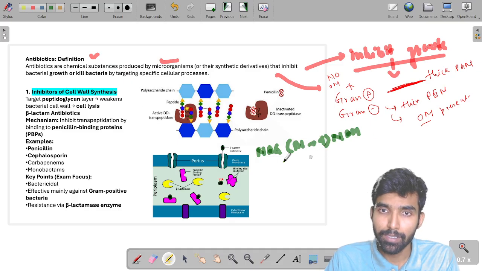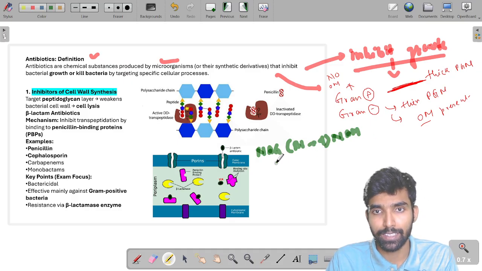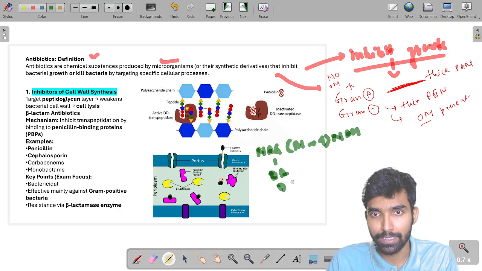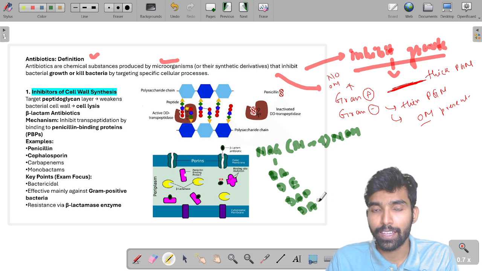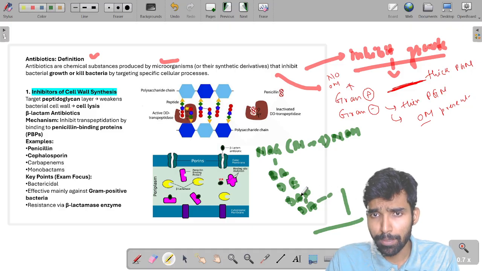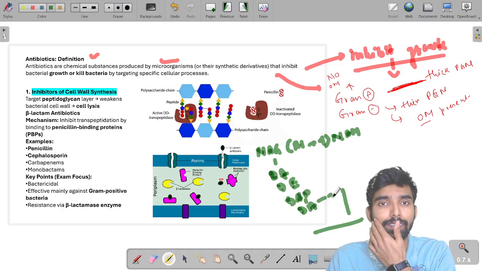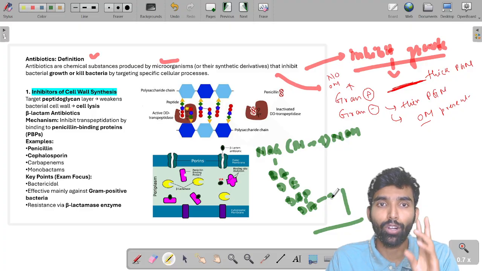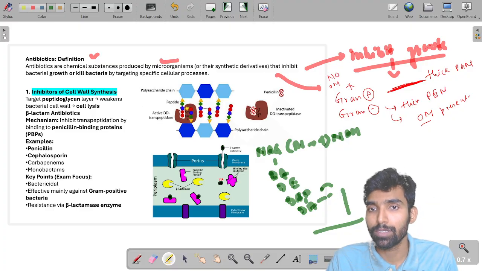Now one pentapeptide is attached here, L-alanine, and so on, and the same thing happens on the opposite side, and now these two peptides will be linked. This link is made by one enzyme called transpeptidase. So transpeptidase forms this bond, the cross-linking.